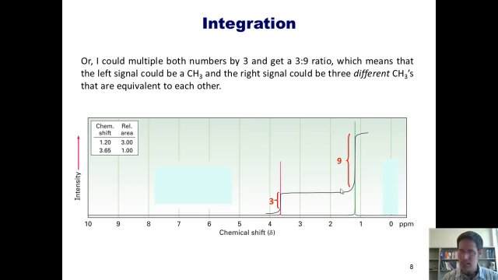Got it? Now, this process of measuring the heights of the sigmoidal curves that are used to deduce structure is called integration. The sigmoidal curves themselves are also called integrals, not to be confused with integrals from your calculus classes. So are you ready to see a compound that produces this HNMR?